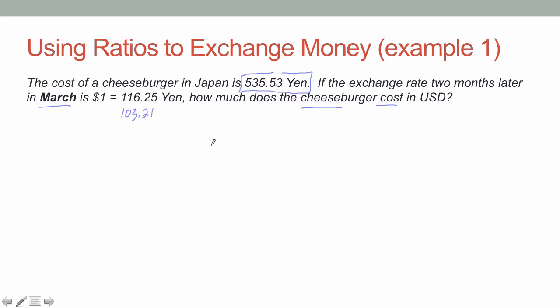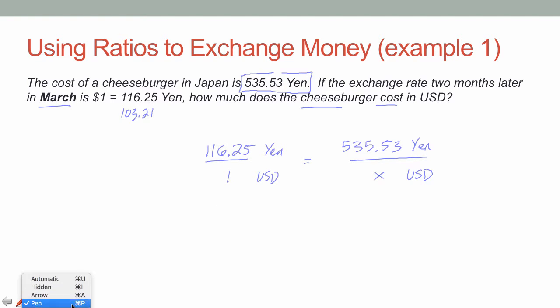So let's still set up my ratio: 116.25 yen to the dollar is equal to the same price of the hamburger, but I need to find the new price of what my hamburger will be in US dollars.